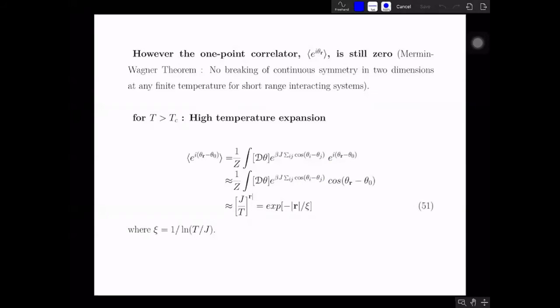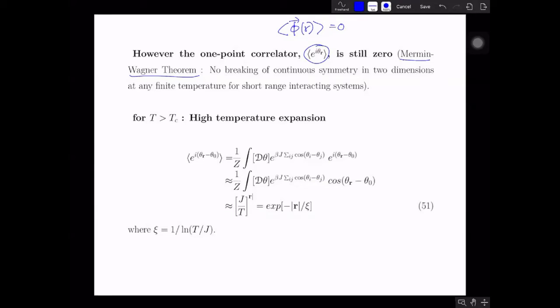But I have to make sure that we are not violating any physical principle, in the sense that the expectation value of the spins, this phi of r, is still 0. This is in accordance with Mermin-Wagner type of theorems, which say that there is no breaking of continuous symmetry in two spatial dimensions at any finite temperature for short-range interacting systems.